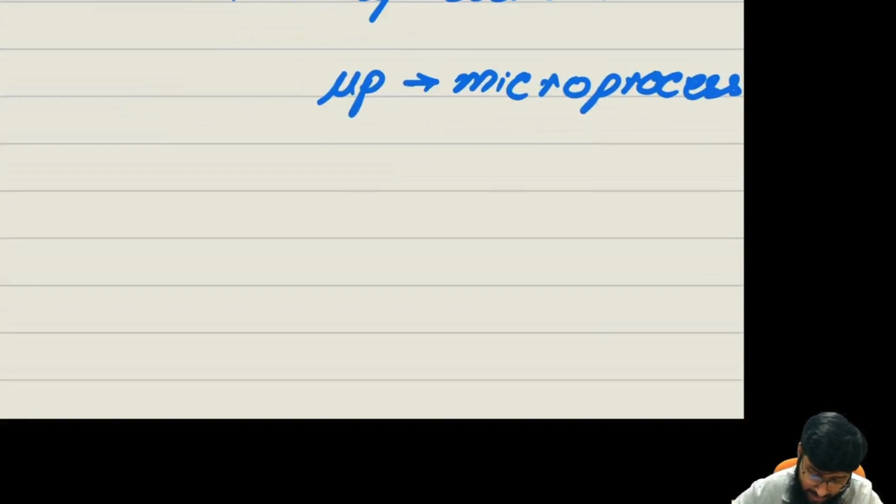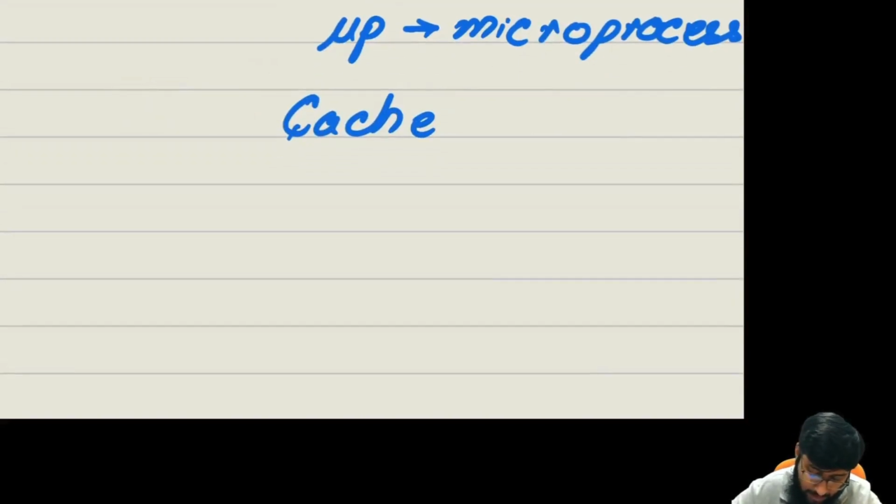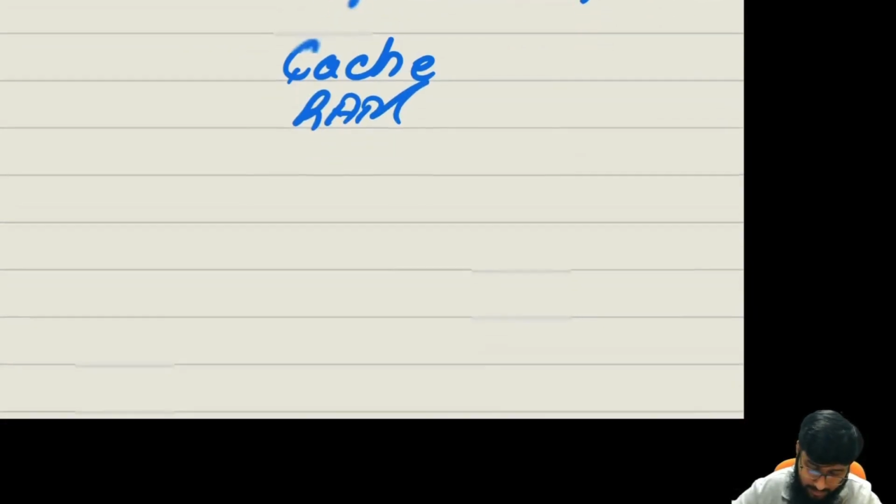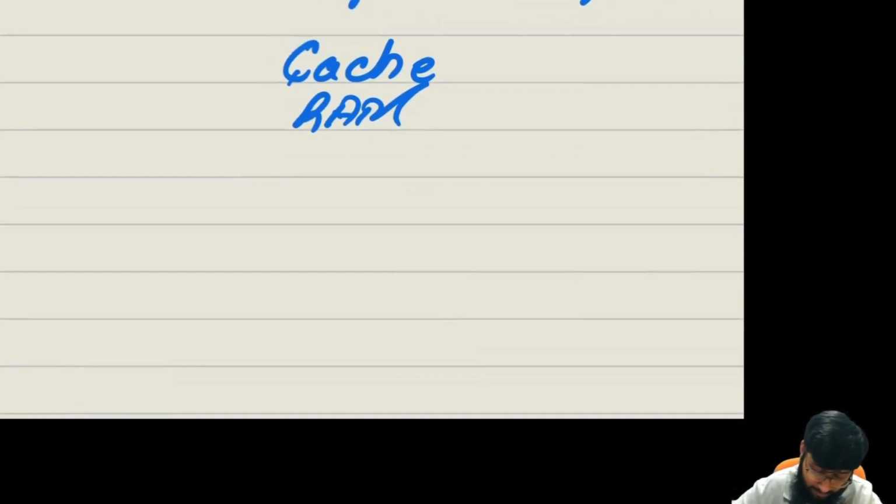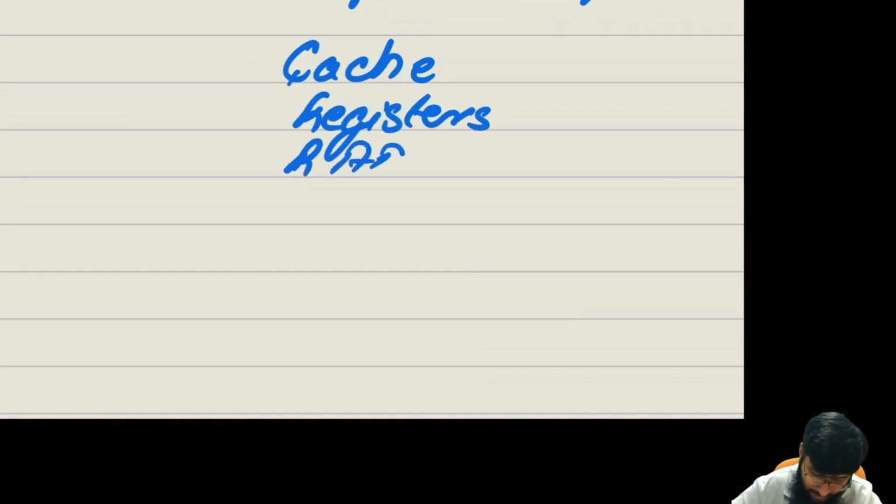Now nearest to the microprocessor we do have a cache, which we discussed in the last session. Just after the cache we do have, sorry, not RAM, my bad, we do have registers, then we do have a RAM, and then we do have secondary storage devices.